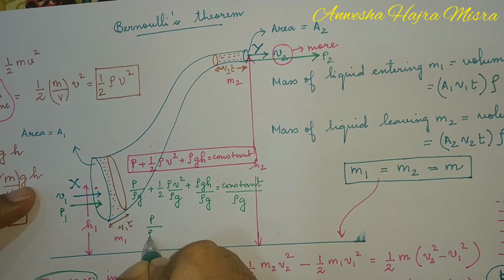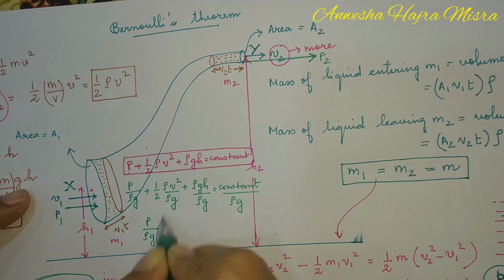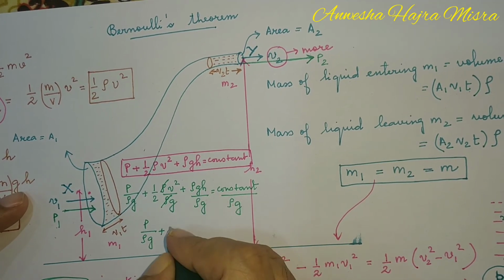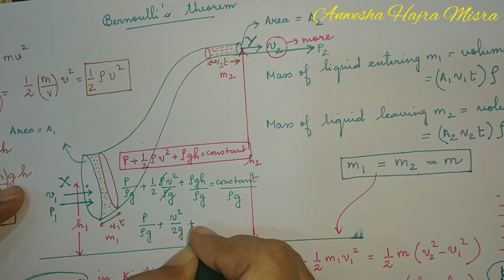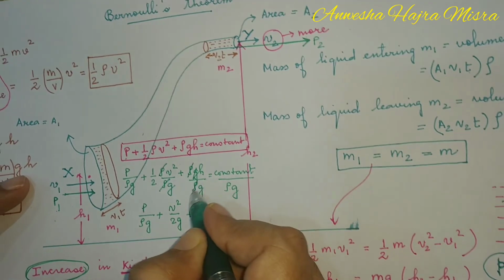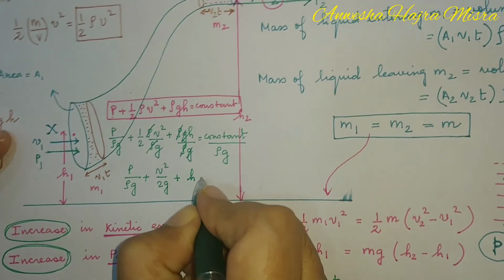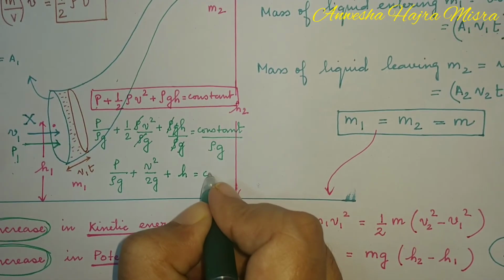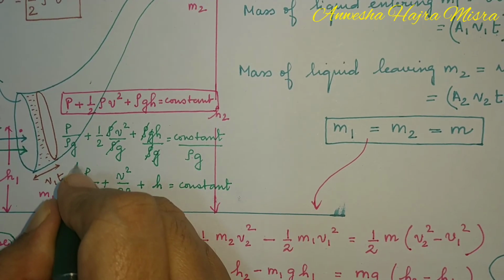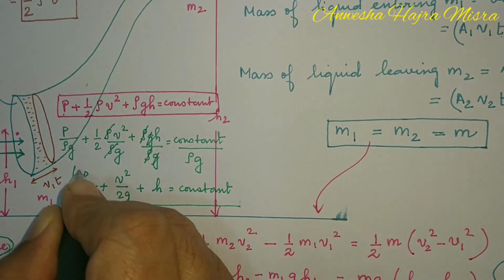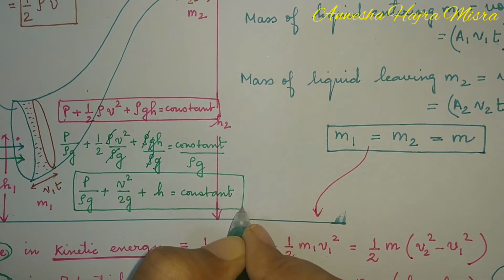P by rho g, this rho cancels, v square by 2g, plus rho g cancels, h, and this is another constant. In some books, you will find Bernoulli's theorem written in this way.